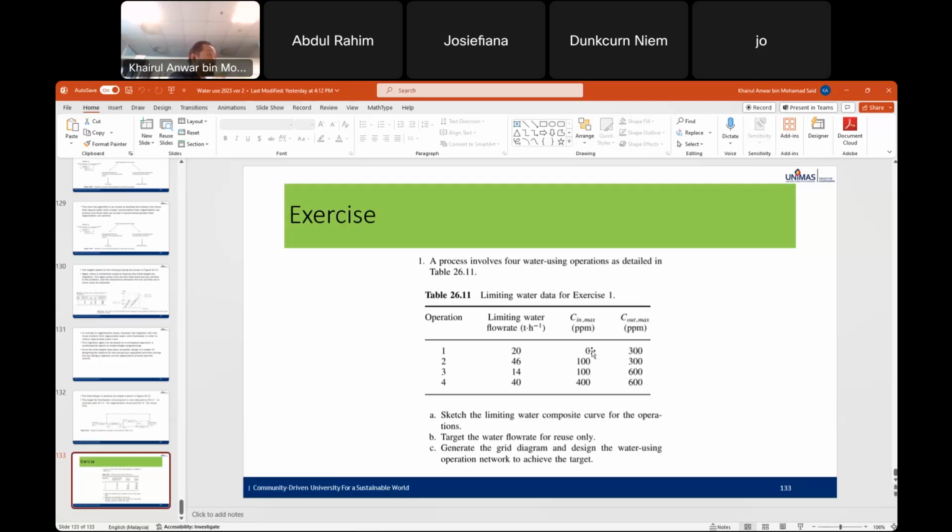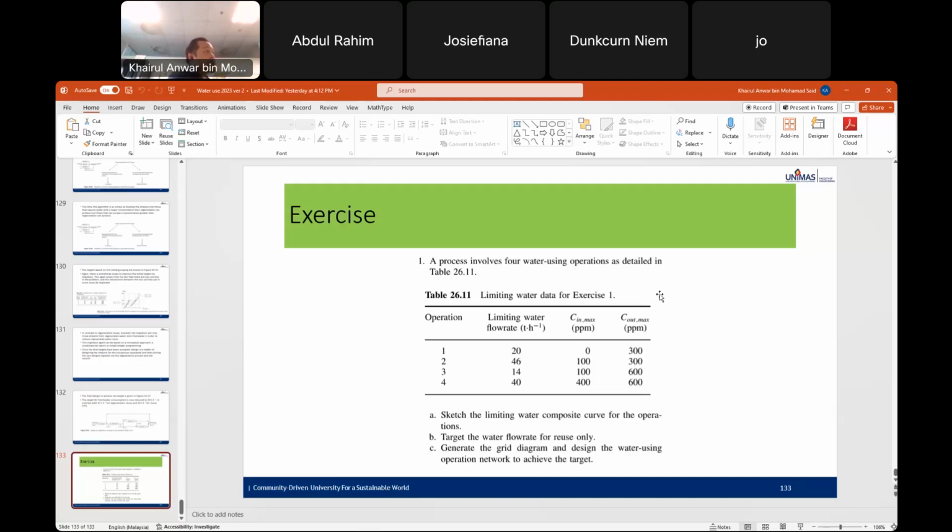In this case, 20 times 300 is 6,000. Delta m here is 6,000. How about operation 2? The limiting water flow rate is 46 ton per hour times 200. How much? 9,200.